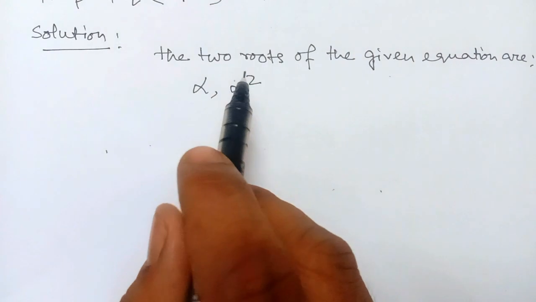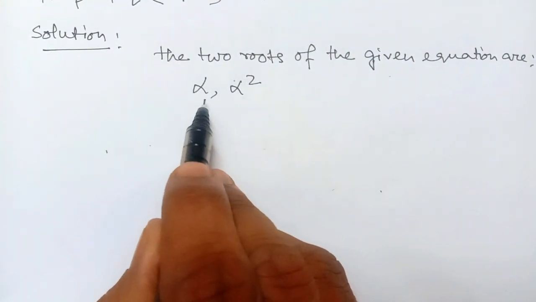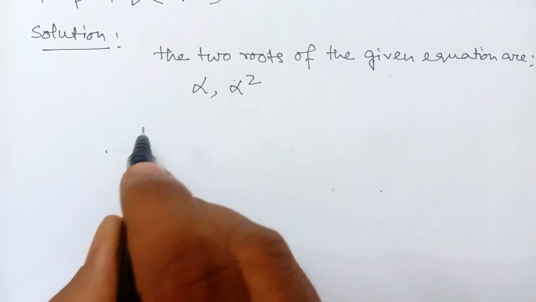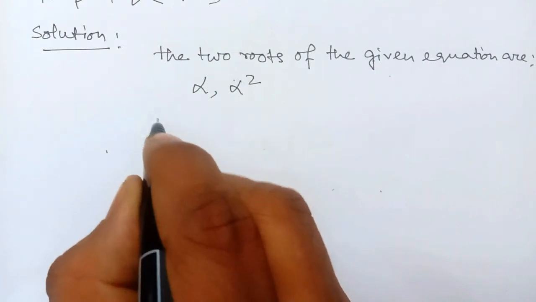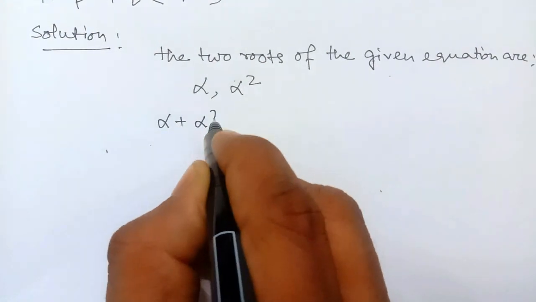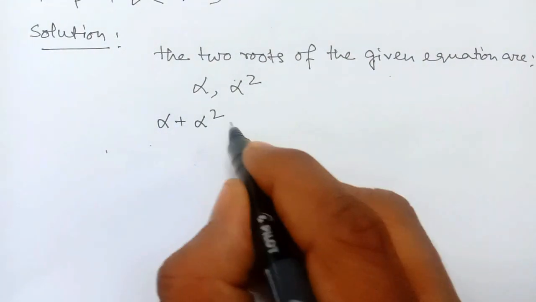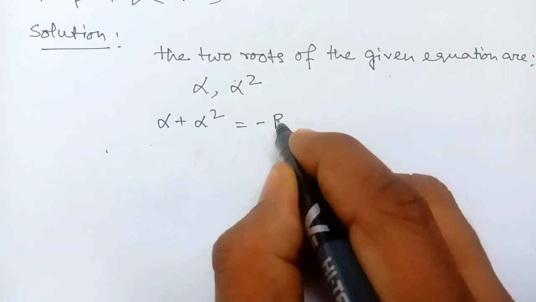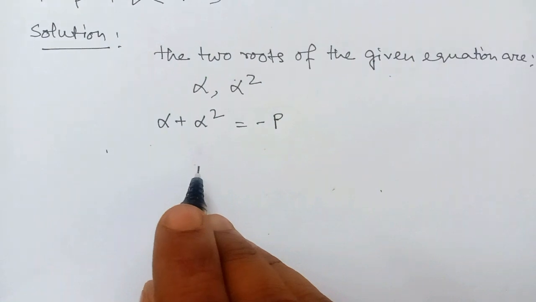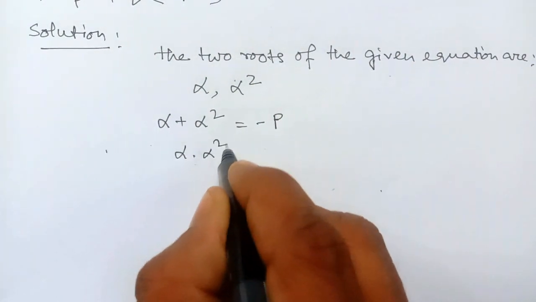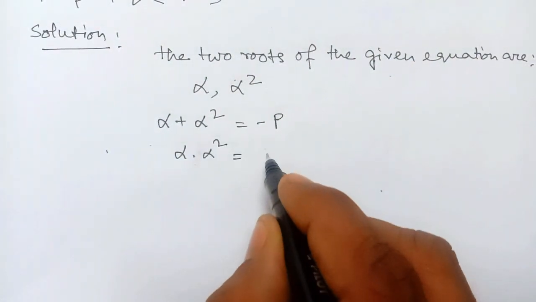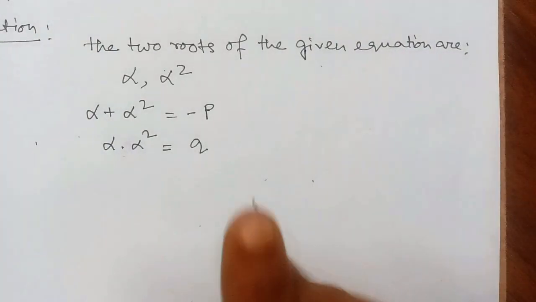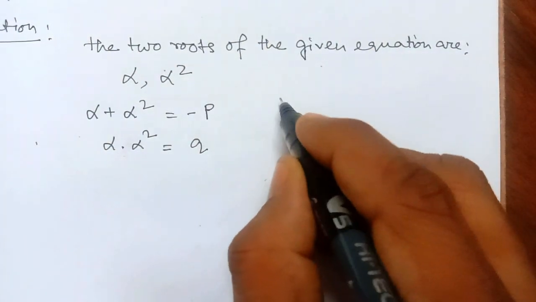One is the square of the other root, so we can consider alpha and alpha square. By the property of the quadratic equation, alpha plus alpha square is equal to minus p, and alpha into alpha square is equal to q. We'll explain how we have derived this.